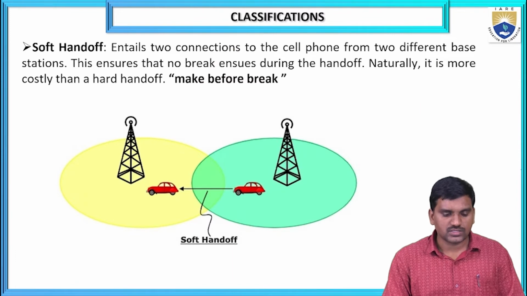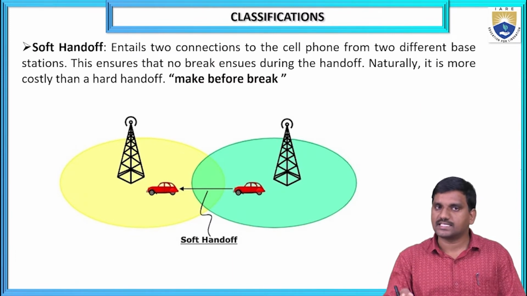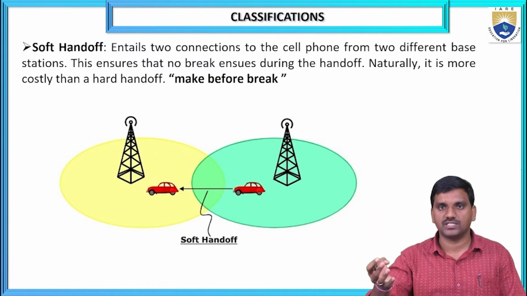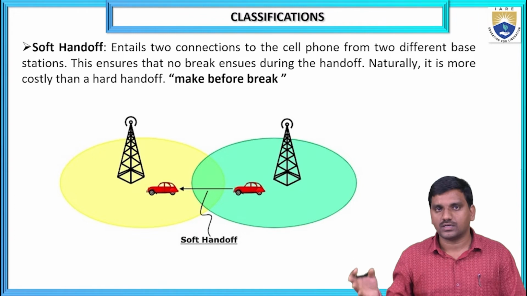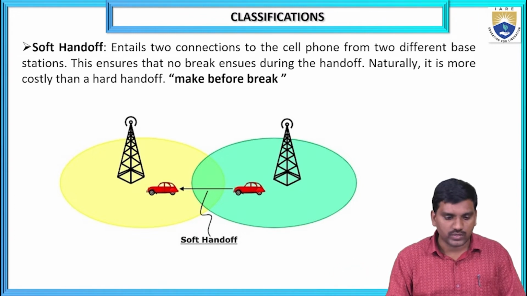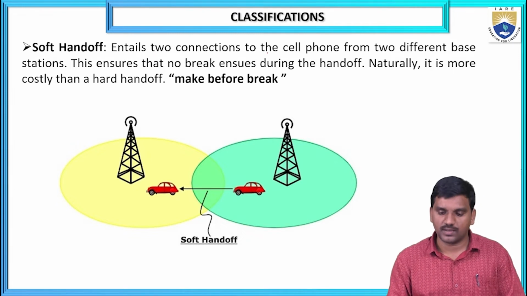Next one, soft handoff, make before break. First the connection is set up from the other base station, then only the first connection will be lost. It entails two connections to the cell phone from two different base stations. This ensures that no break ensues during the handoff. Naturally, it is more costly than hard handoff, since the signal does not need to be lost.